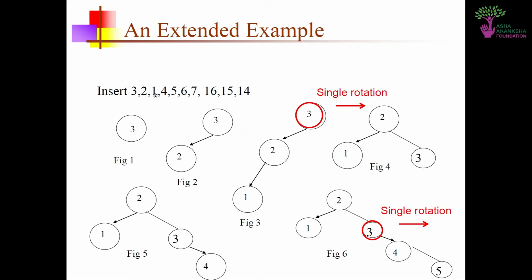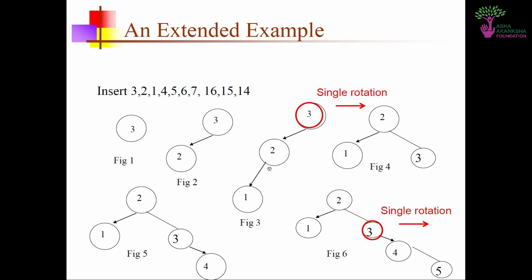Next we insert 1. According to BST rules, 1 would be added to the left of 2. But when we check whether the AVL property is satisfied or not, our answer would be no, because at node 3, the height of the left subtree is 2 and the height of the right subtree is 0. So they are differing by 2.